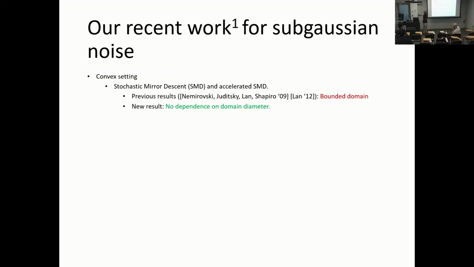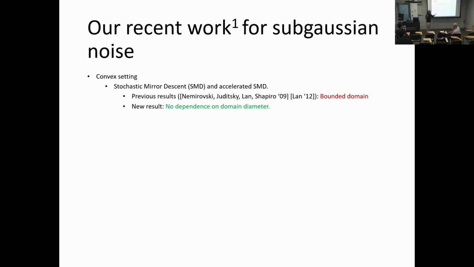So let me quickly mention the previous work in various different settings. In the convex case, we would look at mirror descent and the accelerated version of that. The previous results get similar results, but they require that the domain that we're optimizing over is bounded, and the bound depends on the diameter of the domain.